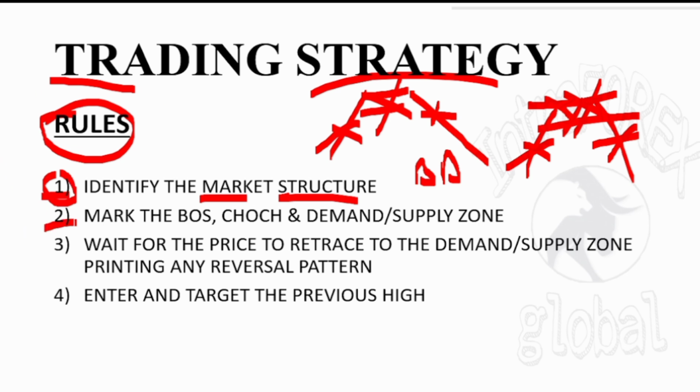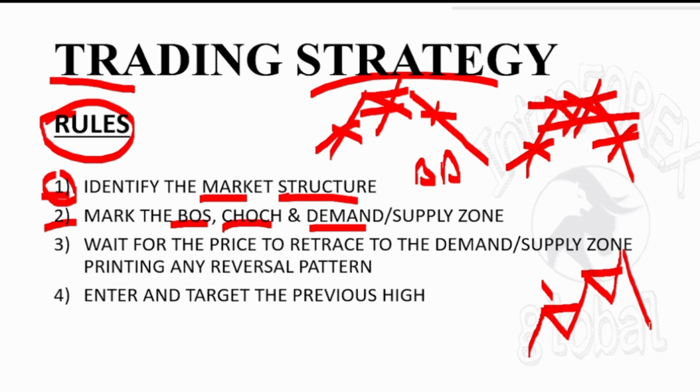Then rule number 2, mark the break of structure, the change in direction in the supply or the demand zone. So the market is going up like this. If it mitigates the previous high, this is a break of structure. And then it retraces. If it mitigates the previous high, this is a break of structure, something like this.